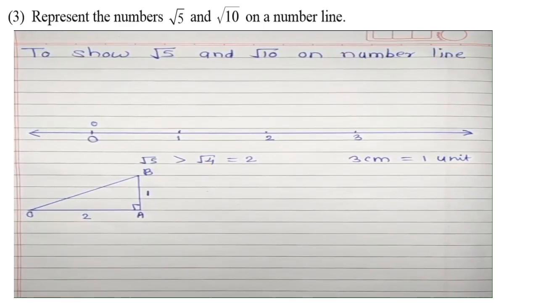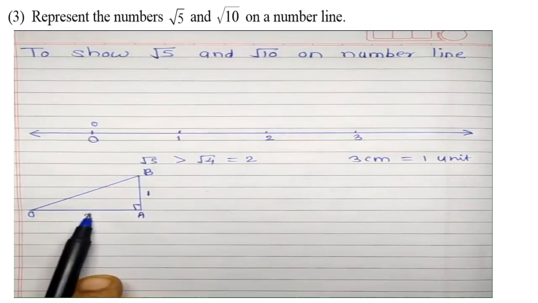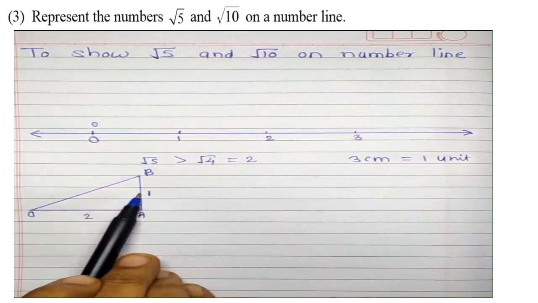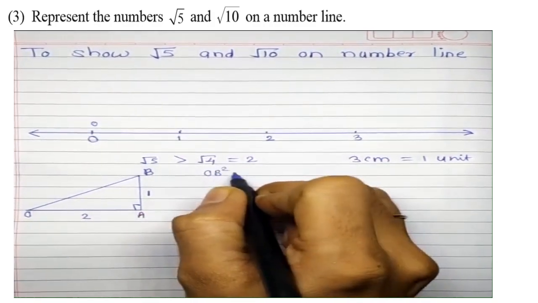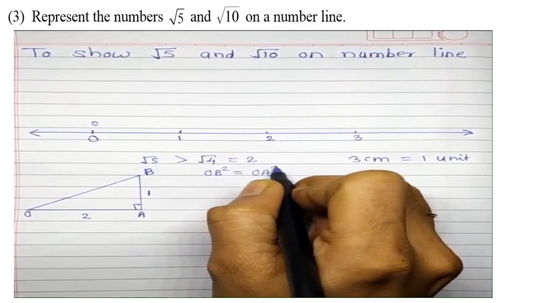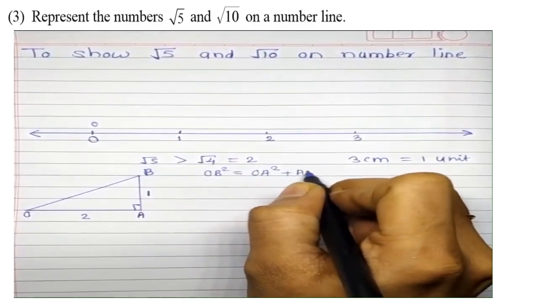Hypotenuse square is equal to sum of squares of other two sides, or hypotenuse square is equal to base square plus height square. So here we can write down OB square is equal to OA square plus AB square.